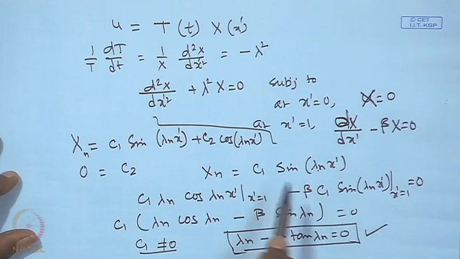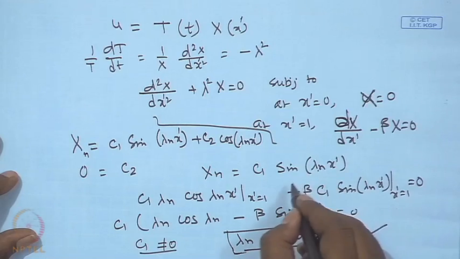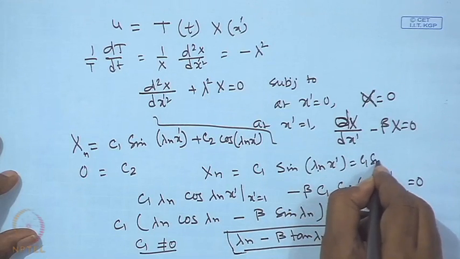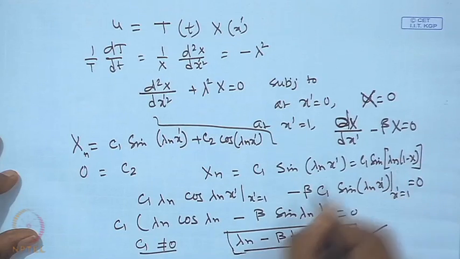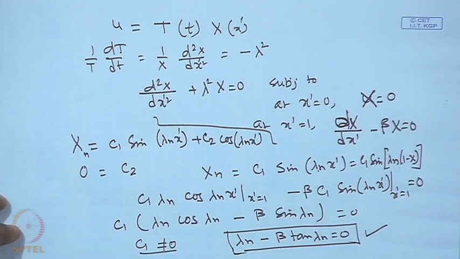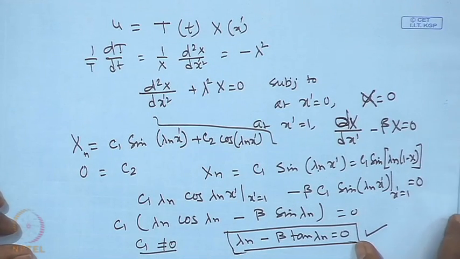So, in terms of x it will be c 1 sin lambda n (1 minus x). Only that much change will be there in the solution.